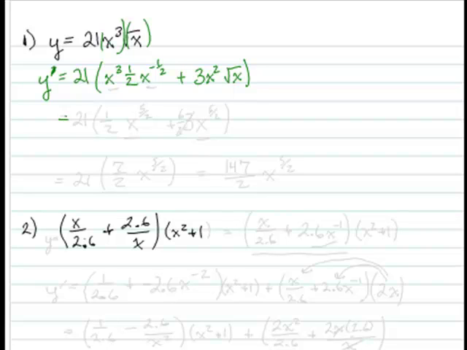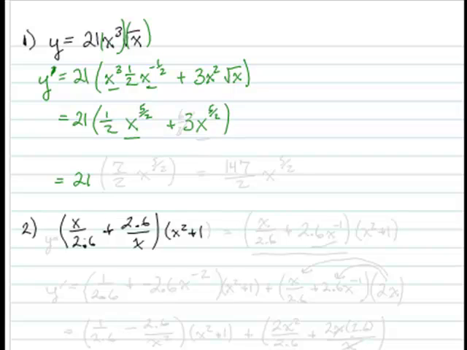Now I did say to simplify, so we have 21. And we're going to have 1/2 x cubed times x to the minus 1/2 will be x to the 5/2, plus 3x squared times x to the 1/2 will also be x to the 5/2. So we have 21.